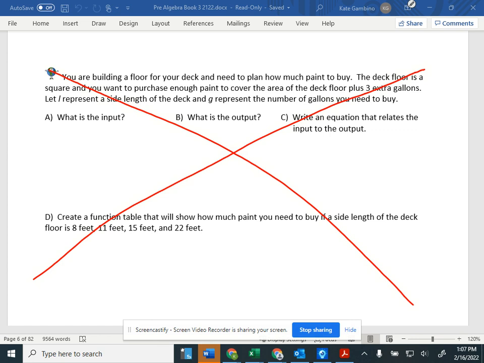When you are finished with the assignment, double check that you have Khan Academy done. Khan Academy is on function tables because I knew this was coming up this week. Getting us ready, thinking about those inputs and outputs.